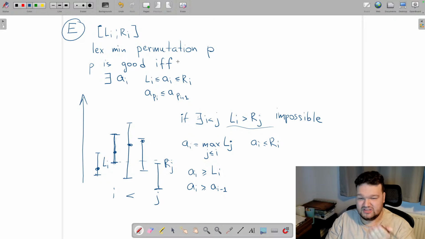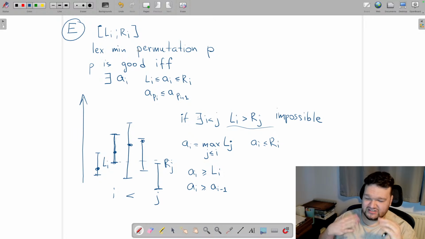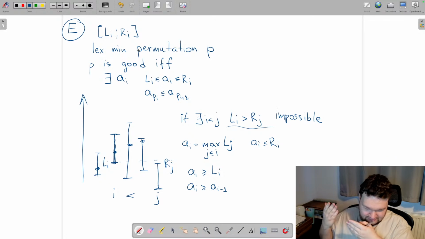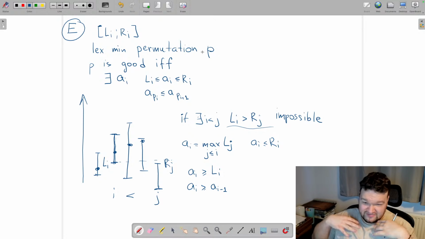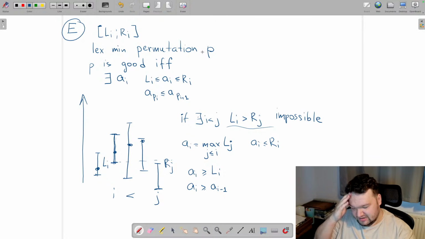Like we need to minimize the first element, then minimize the second element, the third, and so on. So how do we understand which segments we can put on the first position? If we understand that, then from those segments we need to choose the one with the smallest ID, because we want the lexmin permutation, and then we just continue building the answer one by one.